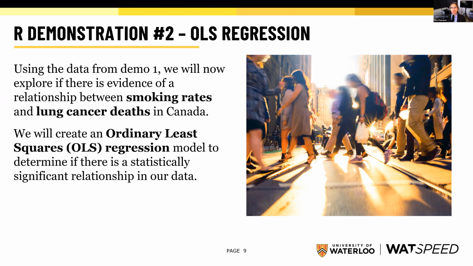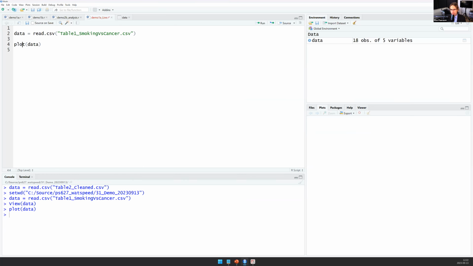So we're going to use the same data that we just read in, and we're going to build a regression model and see if there is a statistically significant relationship. So let's jump back into RStudio. Believe it or not, we only need one more line of code to build our linear model.